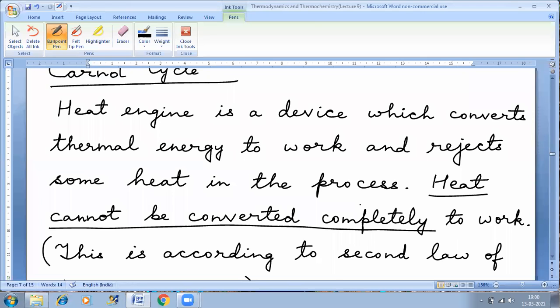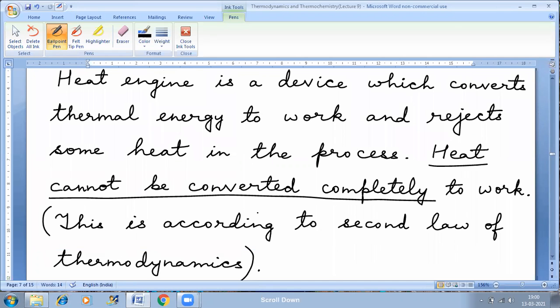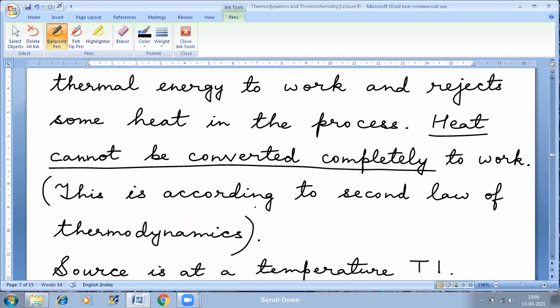So a portion of the heat will get converted to work, and the remaining portion of that heat will be rejected. This is according to the second law of thermodynamics.